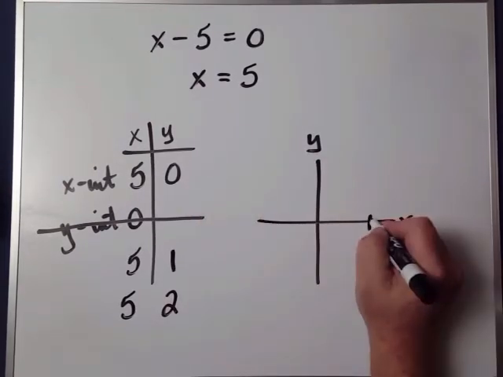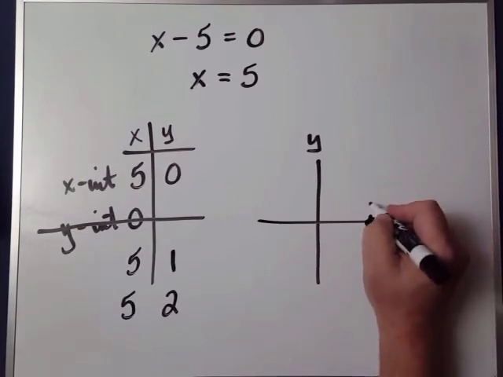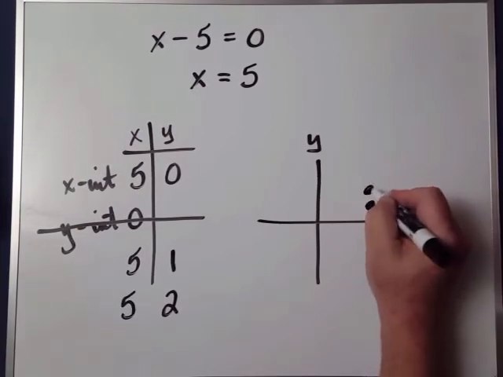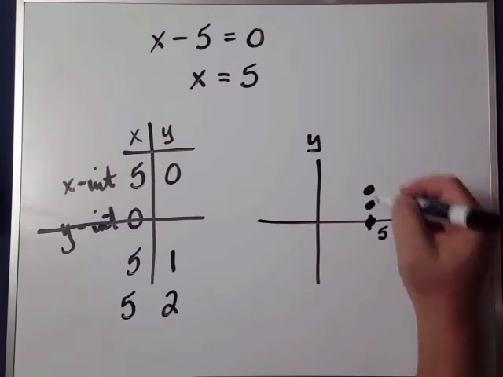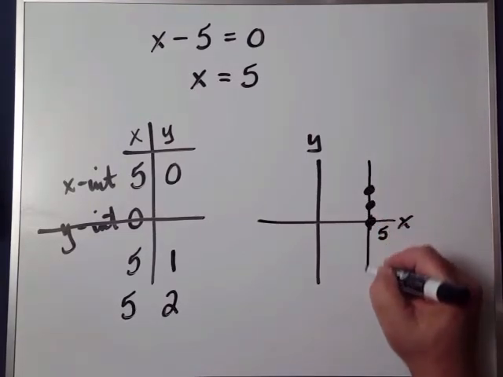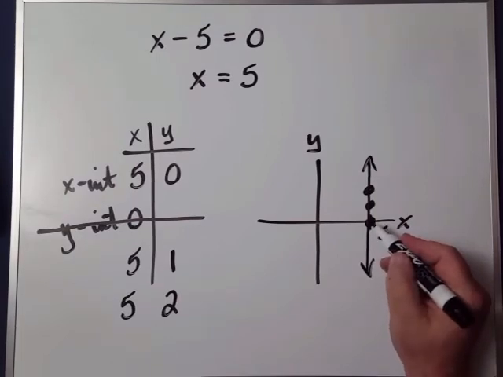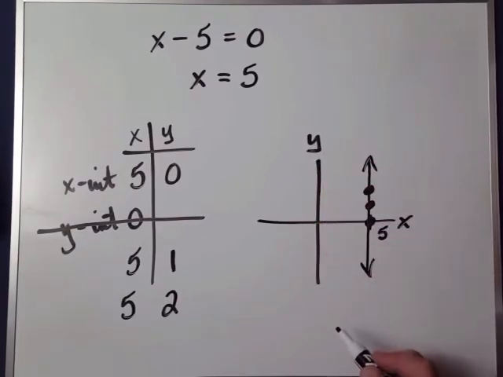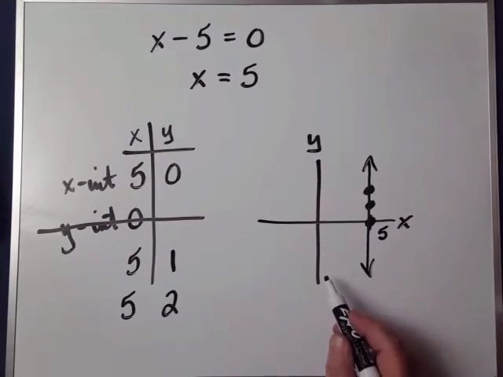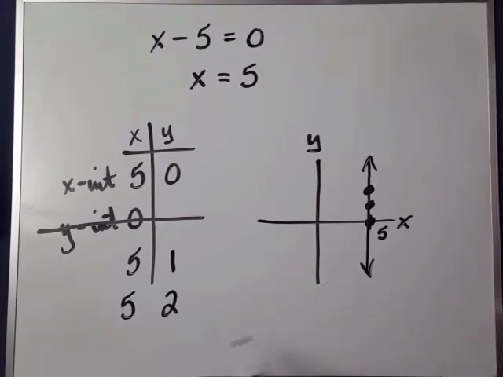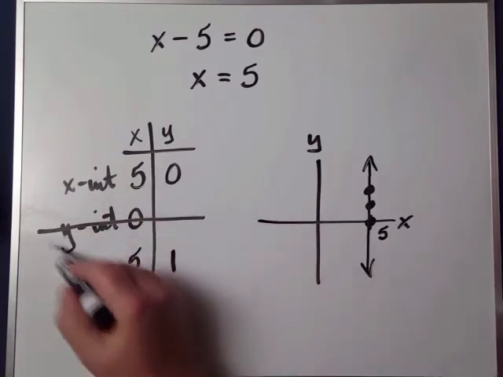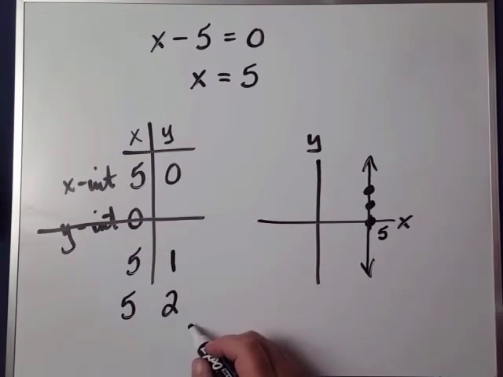The point 5, 0, the point 5, 1, the point 5, 2. What kind of line is this? This is a vertical line that has its x-intercept at the point 5, 0, and what? It runs parallel to the y-axis. And so it can have no y-intercept since it will never cross the y-axis. So the math makes sense.